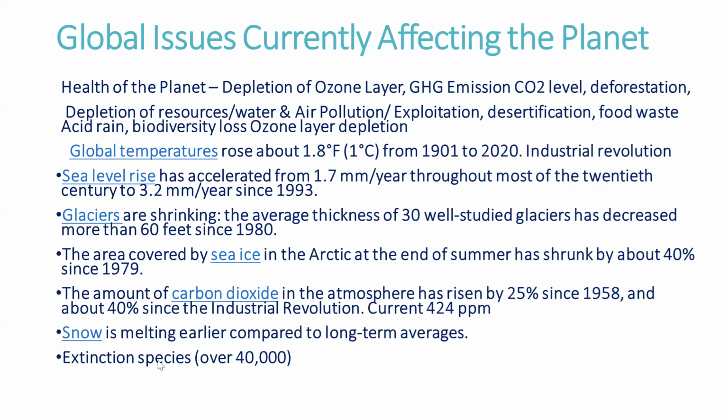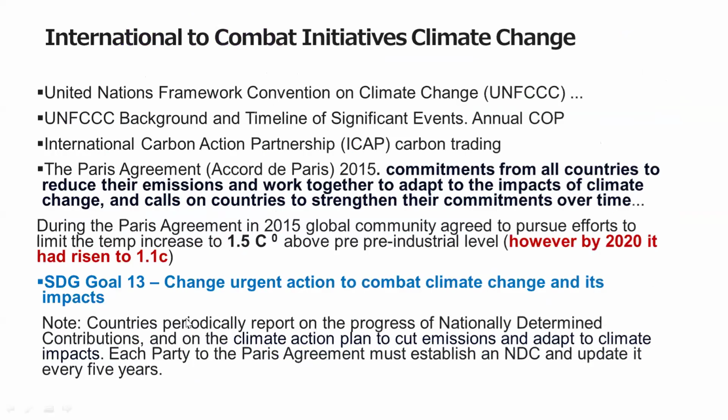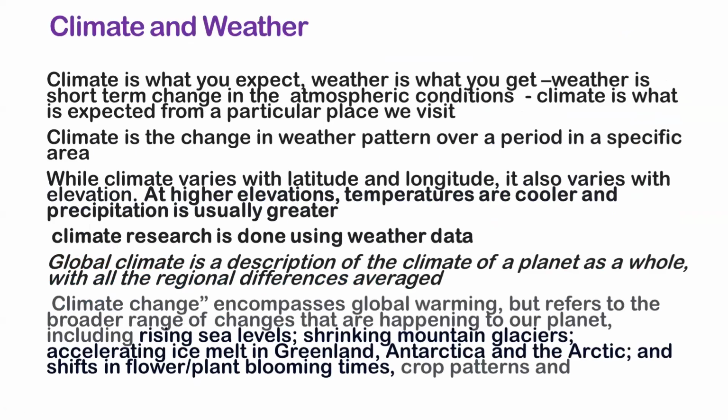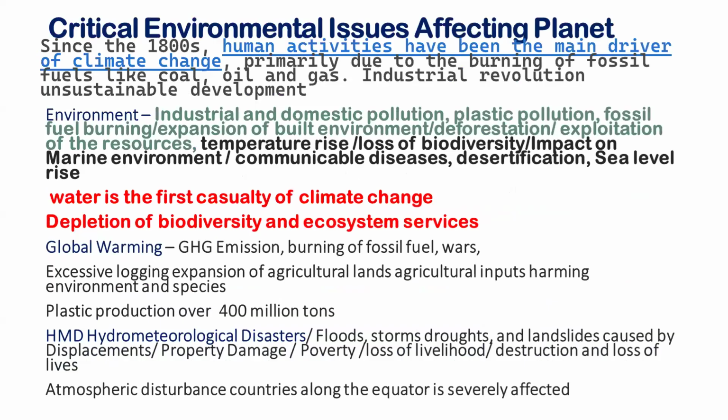Snow is melting compared to the long-term average. Then extinction of species, calculated at 40,000. Those are the critical environmental issues affecting the planet.